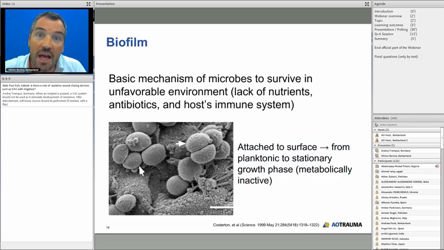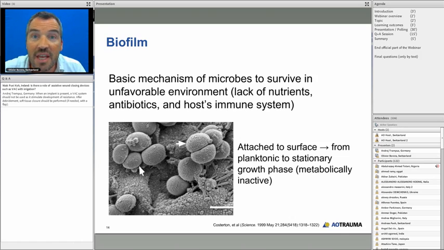And the infection is normally generated initially by bacteria which are free swimming, called planktonic bacteria. But then, as soon as they go on the plate, they start producing a so-called biofilm. The biofilm is a mechanism of the microbes to survive in an unfavorable environment.